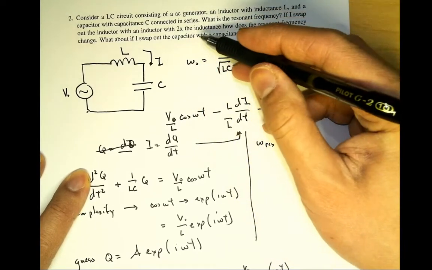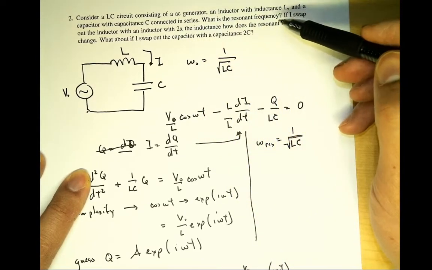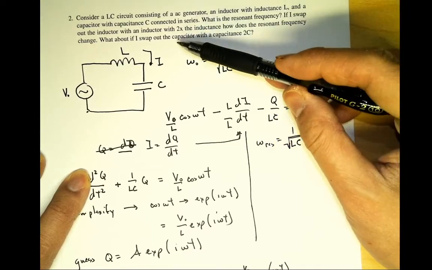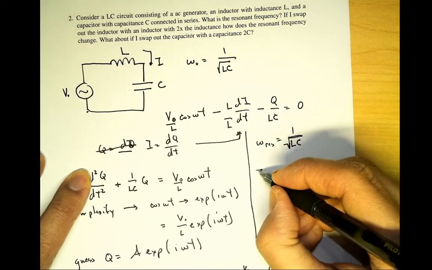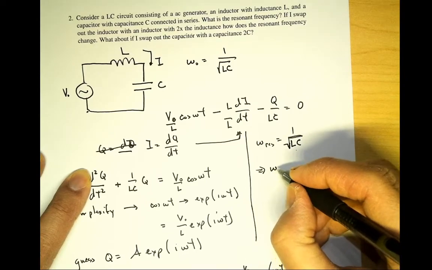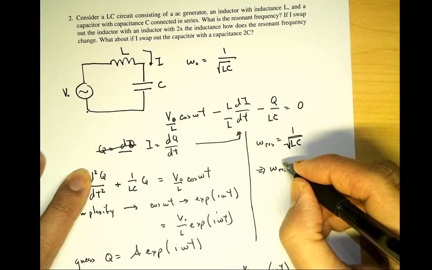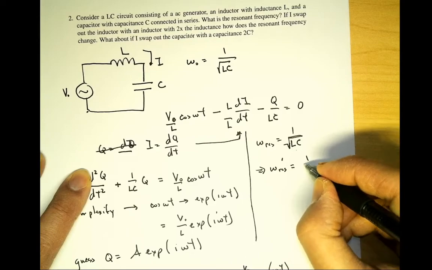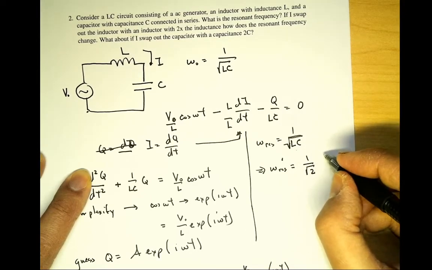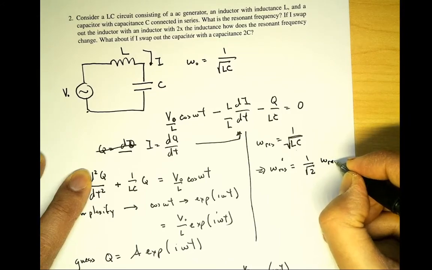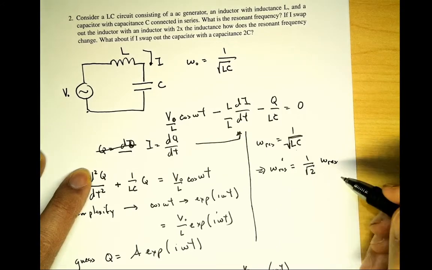If I swap out the inductor with an inductor of 2 times the inductance, how does the resonant frequency change? I make it twice, so the new resonant frequency, which I'll call omega resonant prime, is equal to 1 over the square root of 2 times the old resonant frequency. So it basically gets reduced by a factor of square root of 2.